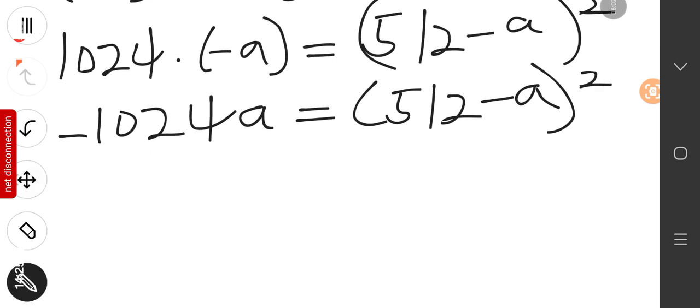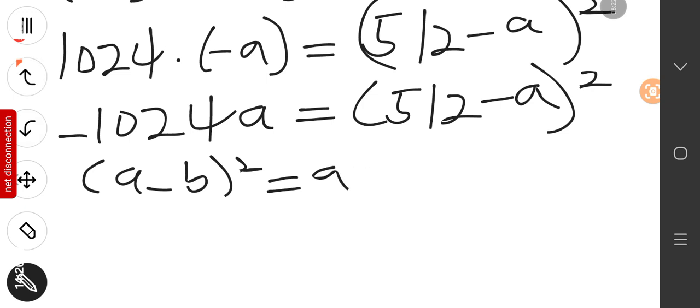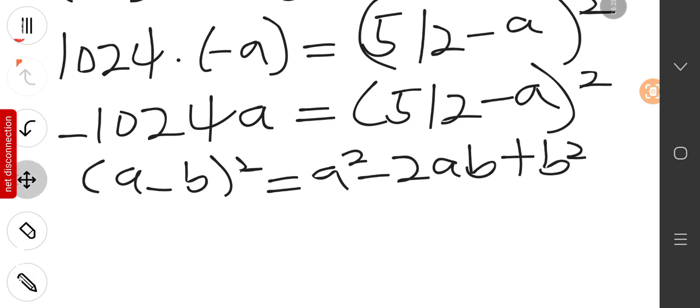What we are going to do next is to apply the square of a difference property to the right part of the equation. So let's state the formula again. If you have a minus b squared, this equals a squared minus 2ab plus b squared.